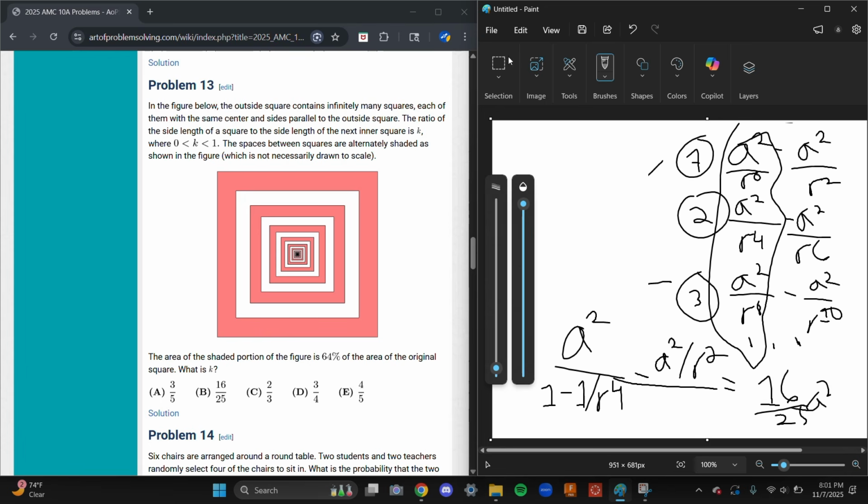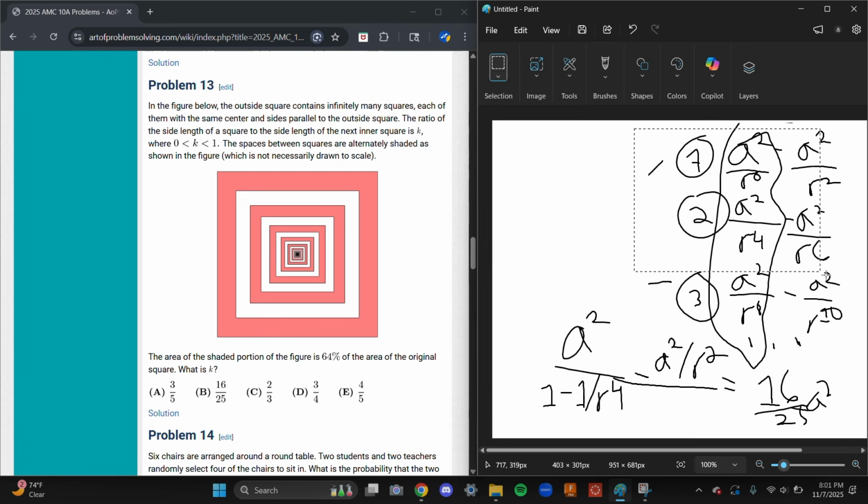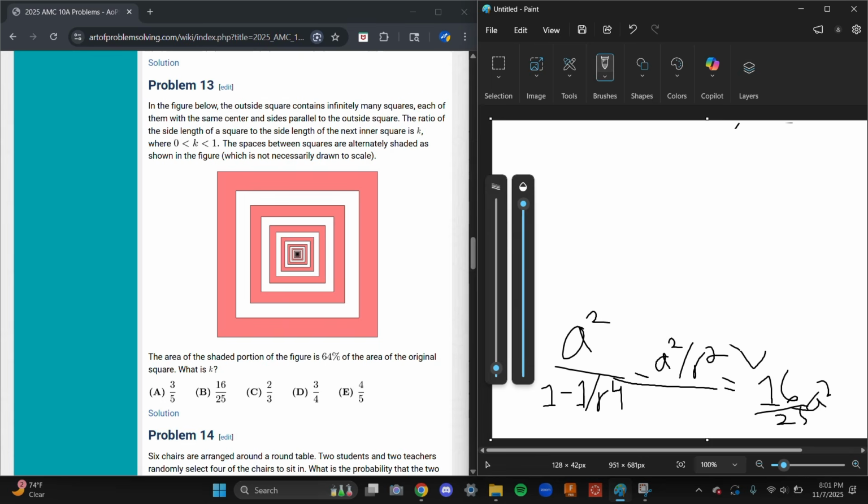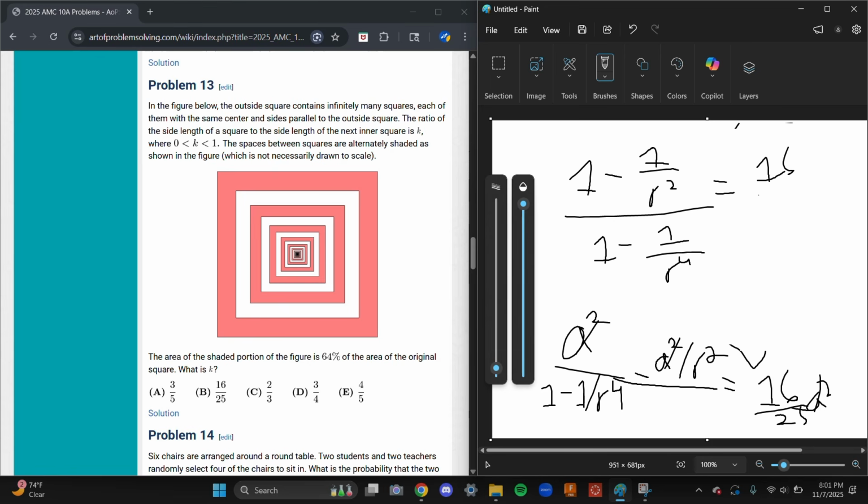Now the A squareds conveniently cancel out, and we're only left with a simple quadratic in terms of r squared, right? If we cancel out the A squareds, they just become 1s. So 1 minus 1 over r squared, over 1 minus 1 over r to the 4th, is equal to 16 over 25.